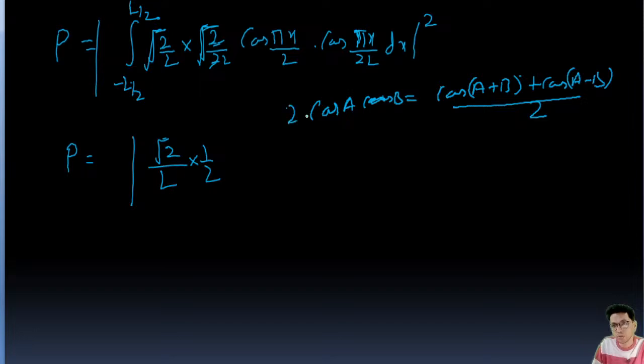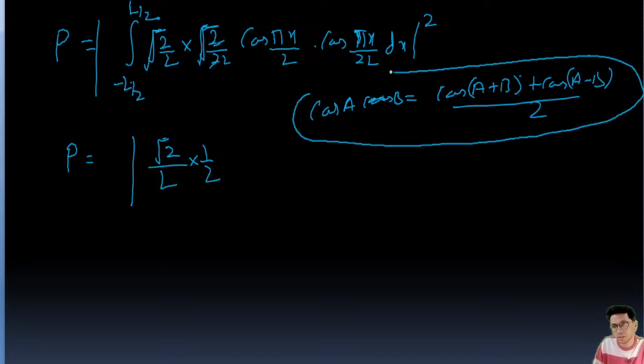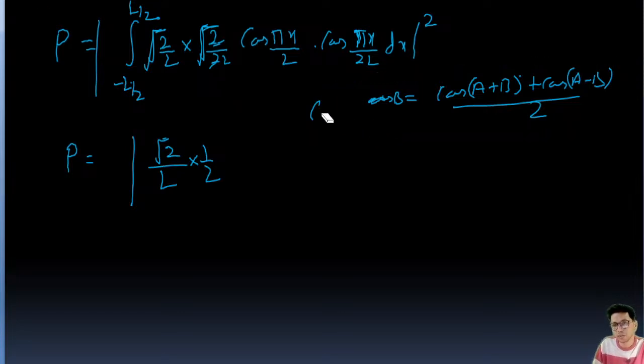Like 2 cos A cos B is like this, so 2 will go here. So this is the formula, guys. We have used this formula here. I'm going to erase it. You understood it, I hope.